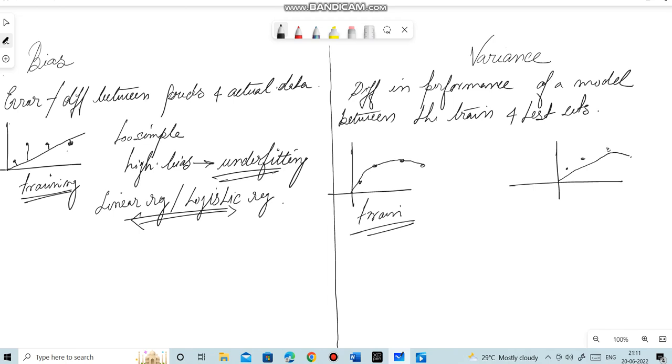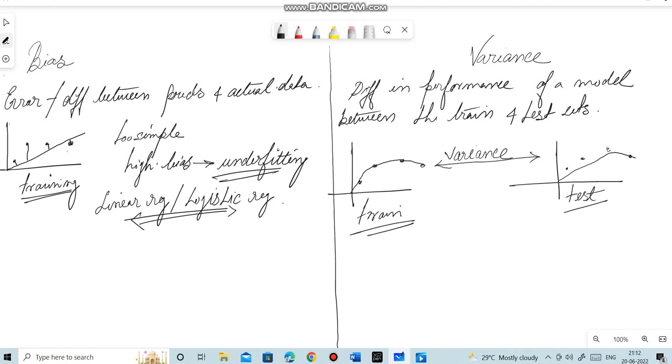Now we see that the performance diminishes when we give it a new set of data. So this difference in performance or prediction of the same model on two different sets of data is known as variance. So this huge difference leads to the model to have high variance.